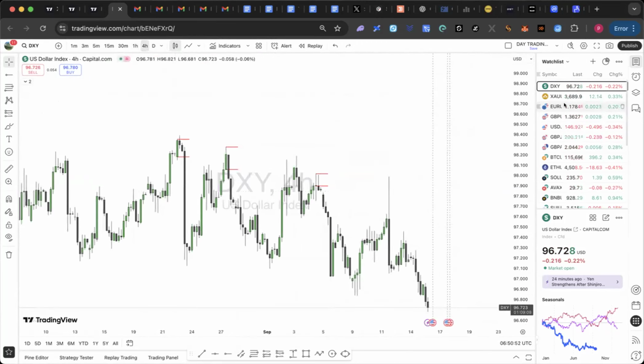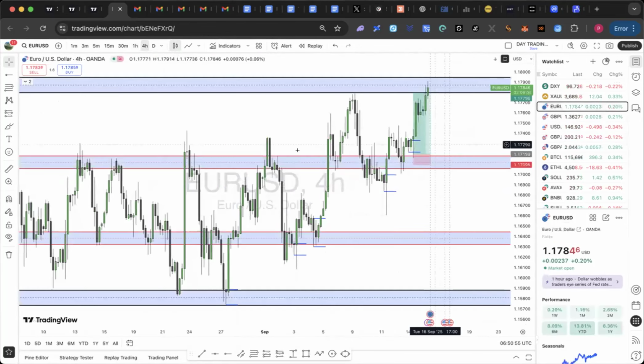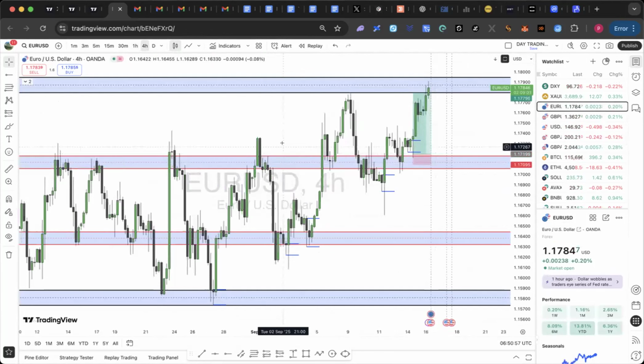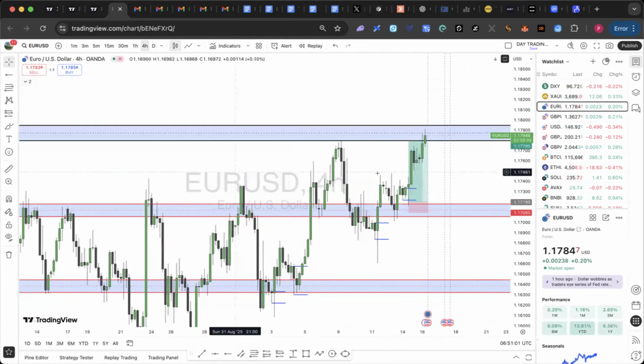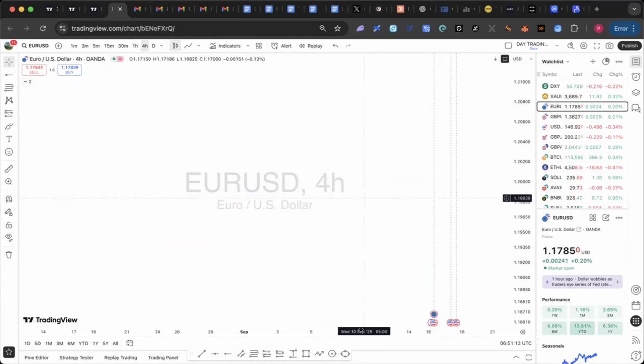Now look at EUR/USD, it told you. So I think we have a buy position on EUR/USD since yesterday. And so it's just about to cross a major line. Once it crosses here, that means the buy is going to go for a very, very long time.